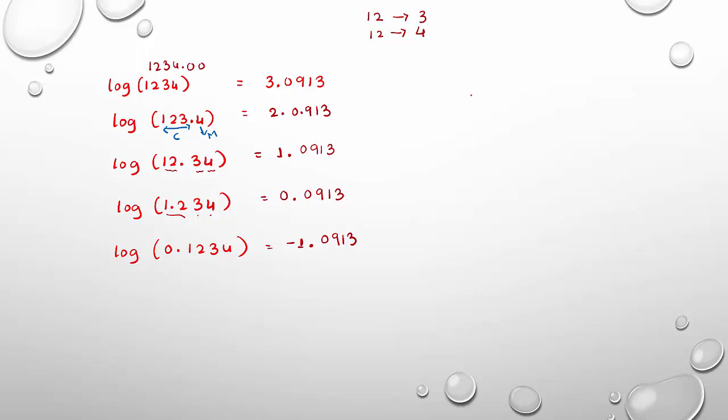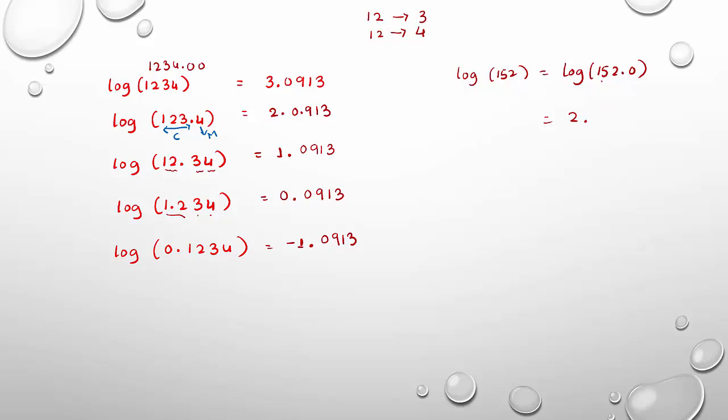Now I am going to give you one more number: log of 152. There are no 4 digits here, only 3 digits. That means it can be written as log of 152.0. Both are the same. Now how many digits are there on the left side? 3 digits. 3 minus 1 will be 2. 2 point.